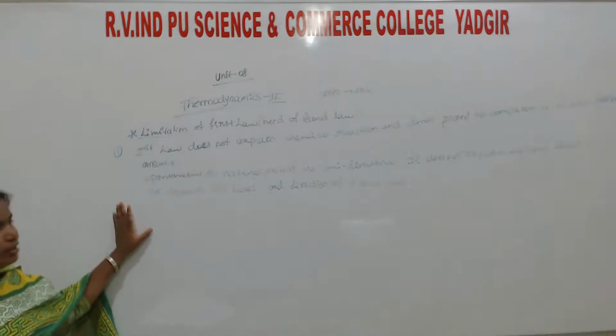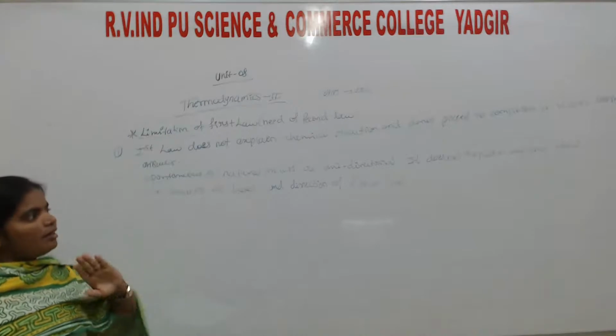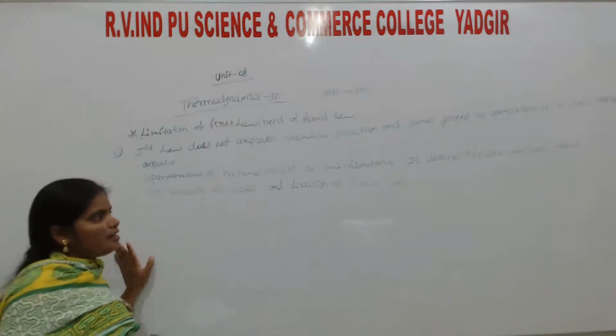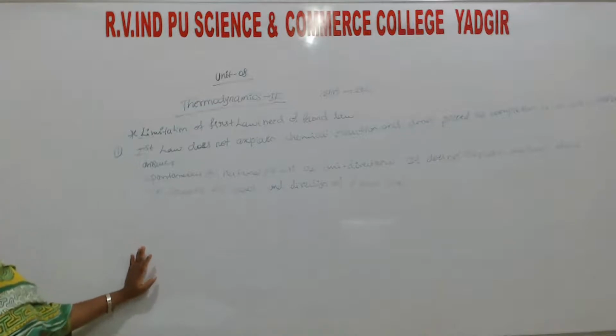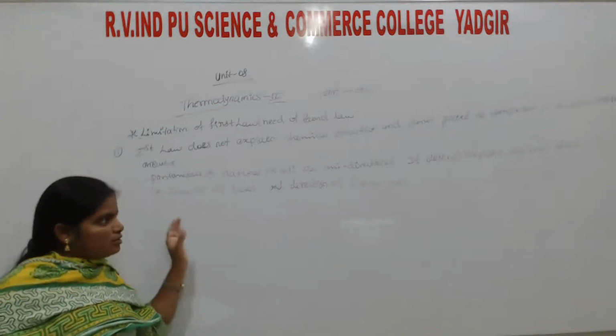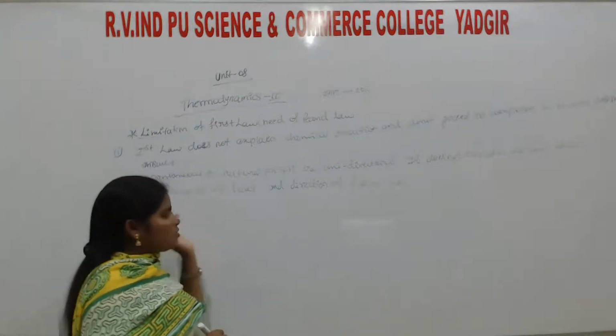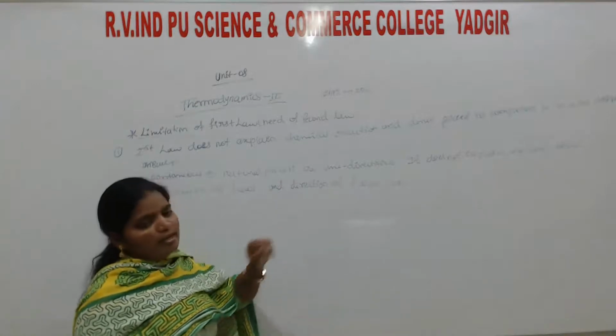Spontaneous or natural processes are unidirectional, and it does not explain anything about the sources of heat, or the direction of the flow of heat.